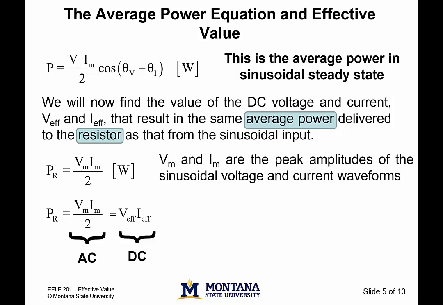Given this equation, in terms of their peak amplitudes, what are the effective values of the sinusoidal voltage and current waveforms? Clearly, V effective equals Vm over root 2, and similarly, I effective equals Im over root 2.